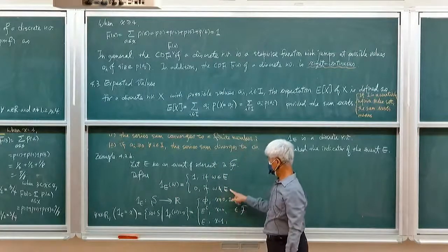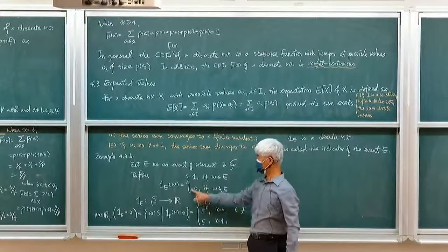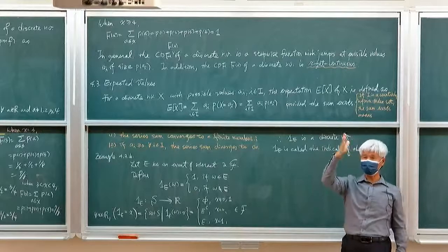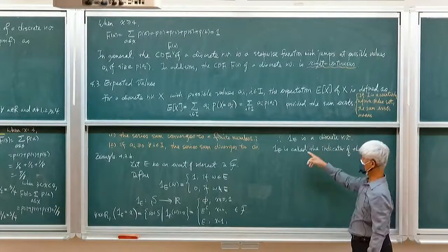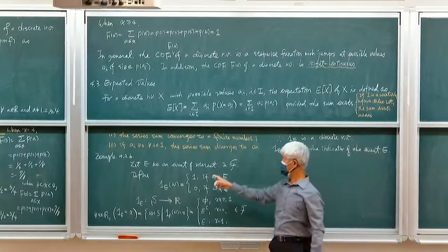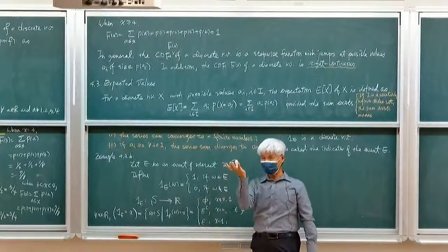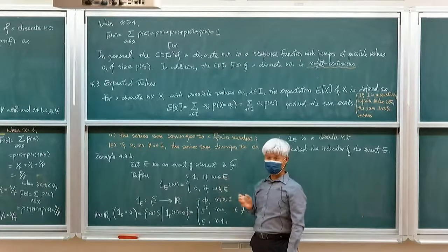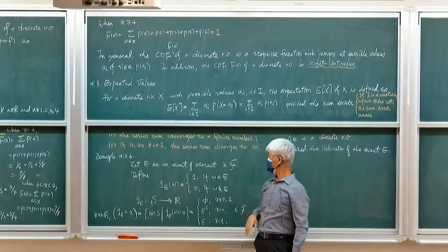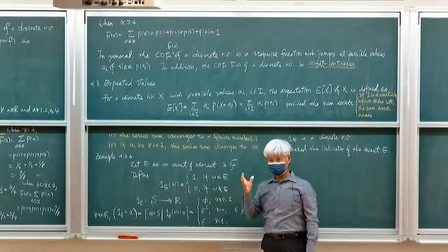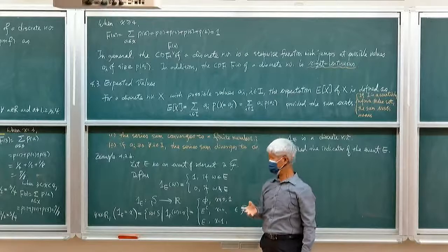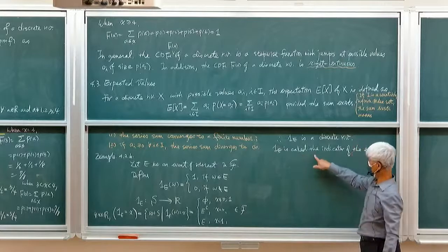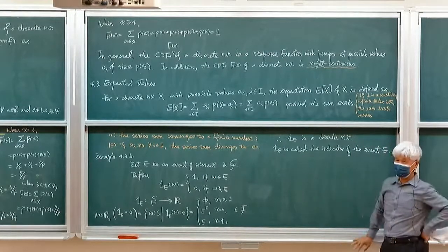But if the event does not occur, the indicator gives us 0. So the indicator is just like a flag standing up. We get 1, we say the event occurs, because the outcome of the random experiment we perform is in the event E. If the outcome is not in E, we say the event E does not occur, and the indicator has value 0. So we call I_E the indicator of event E.